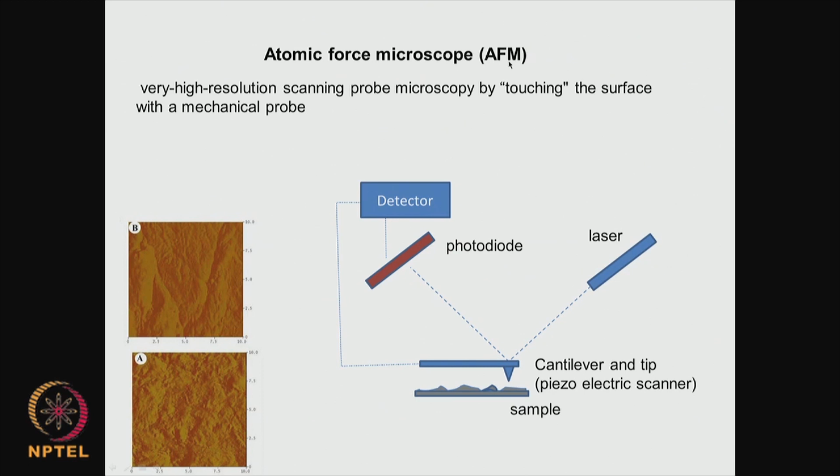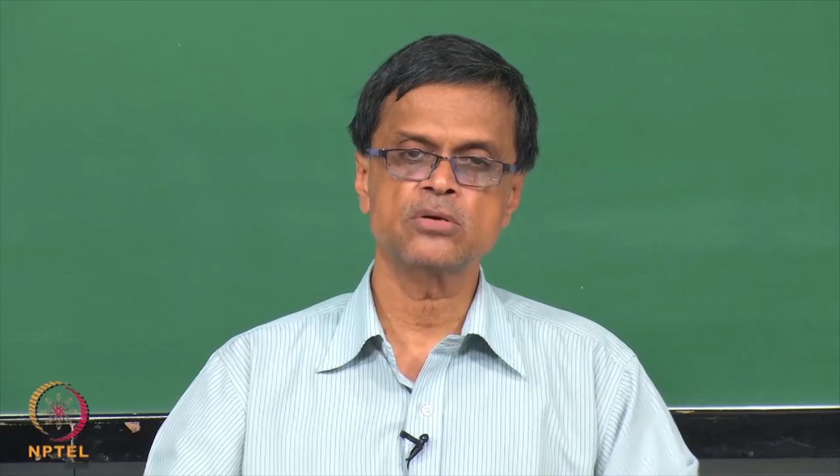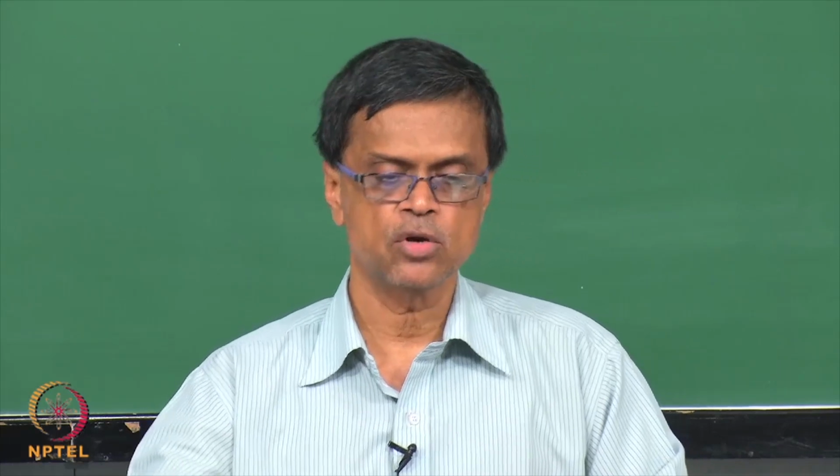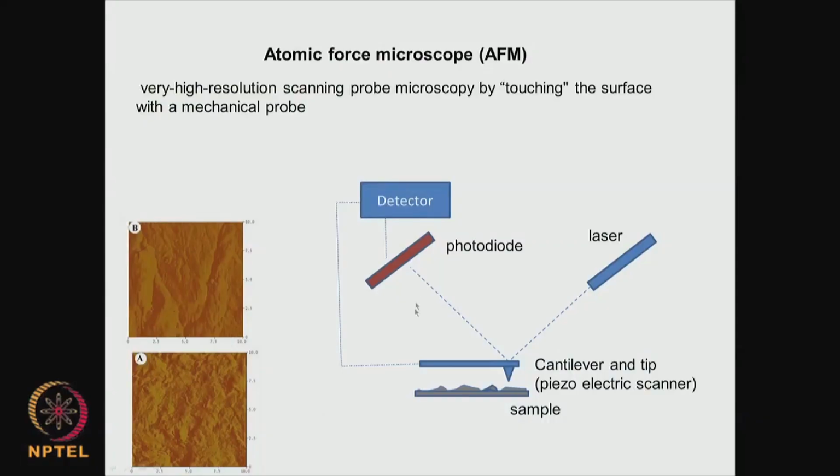So, it is not like a light microscope or scanning electron or a transmission electron microscope. There is a probe which touches the surface, a mechanical probe, and there is a laser which is focused on it. As the probe moves, because of the roughness of the surface, the probe may move up and down, which is captured in a photodiode and detected.